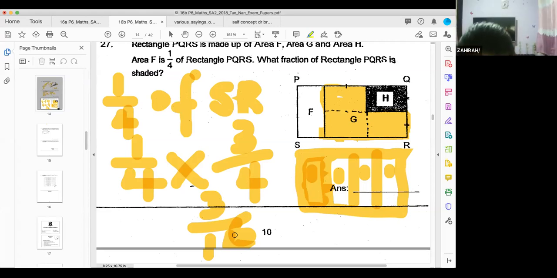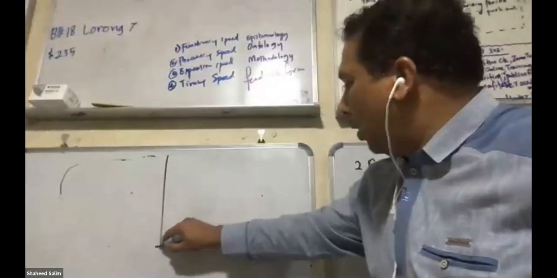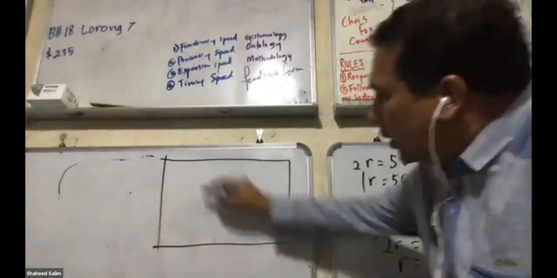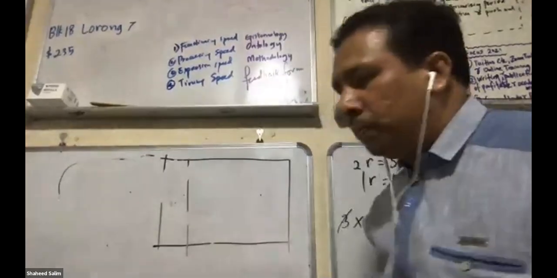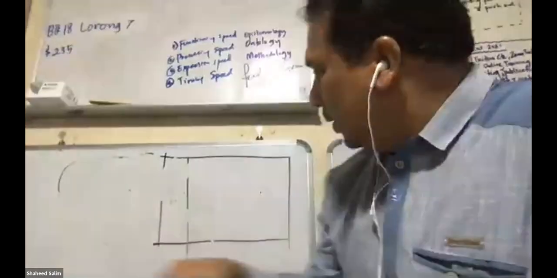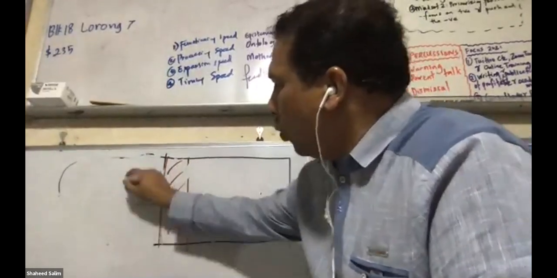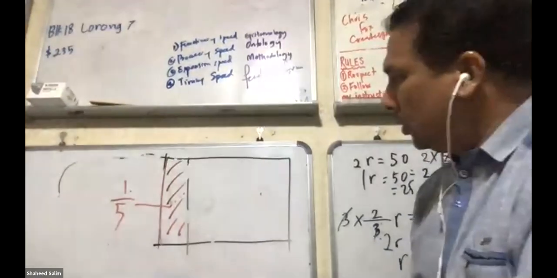So now I am going to draw another one. You try this question. Down here, I will put it as red. This red part is 1/5 of the whole rectangle.